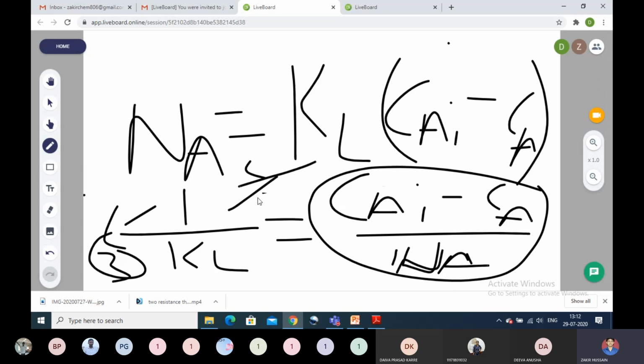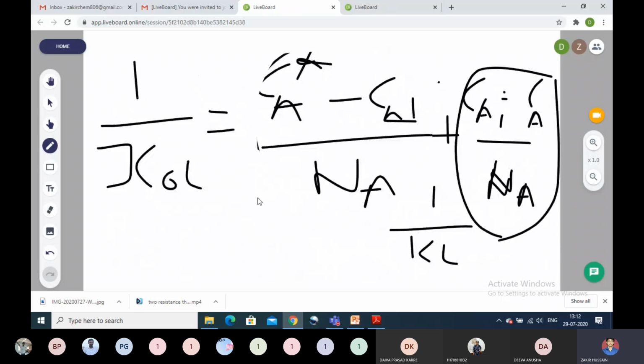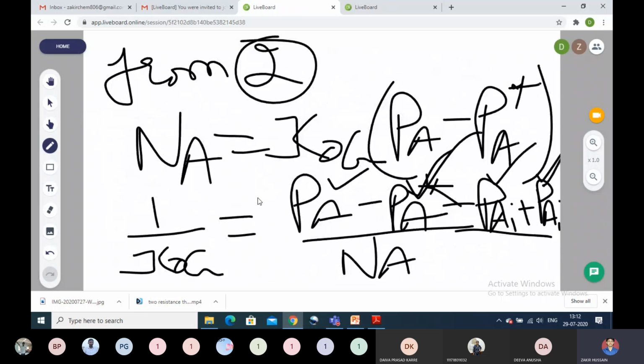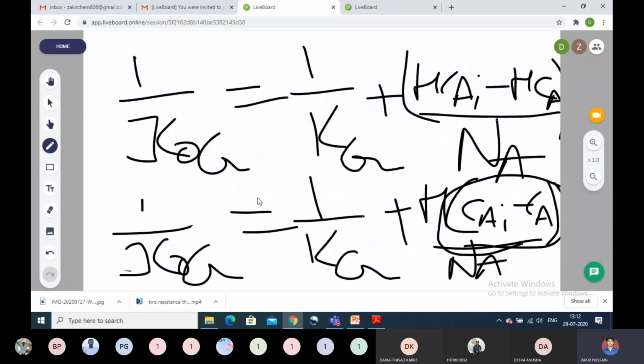From this equation, CAI minus CA by NA we can write 1 by KL. Same we have to substitute there. So in place of CAI minus CA by NA, we can write 1 by KL.